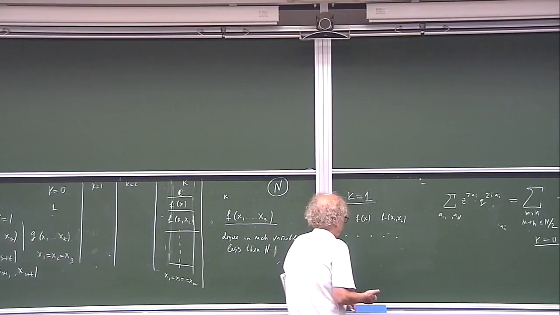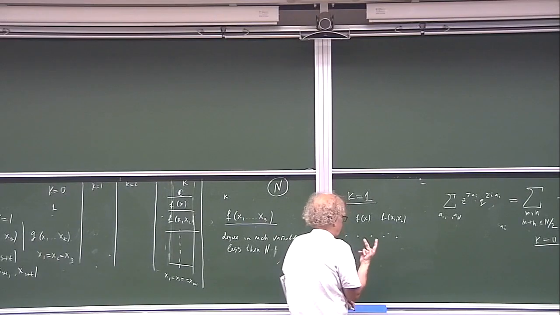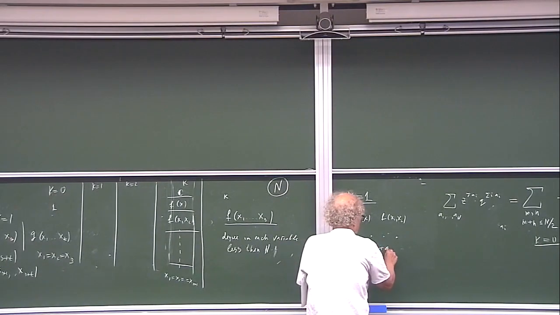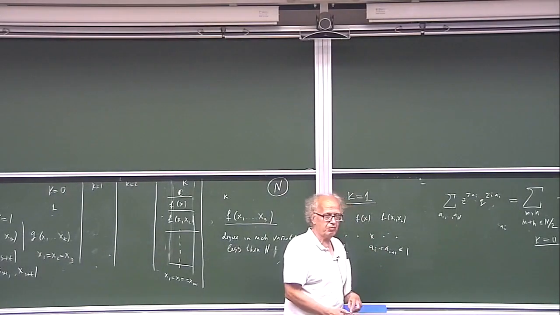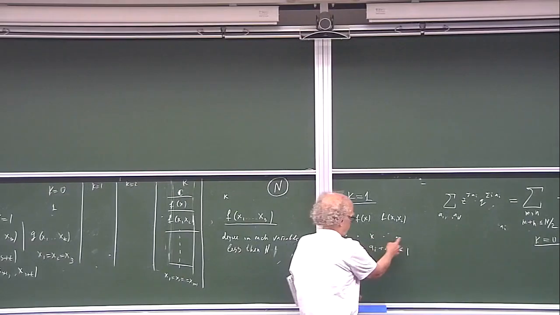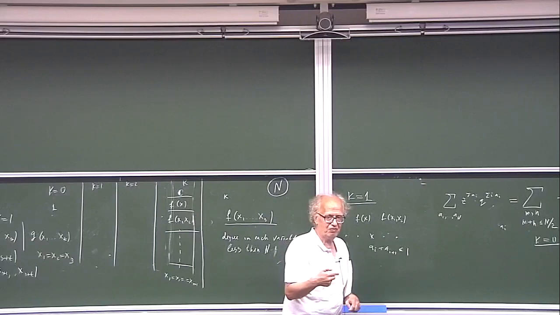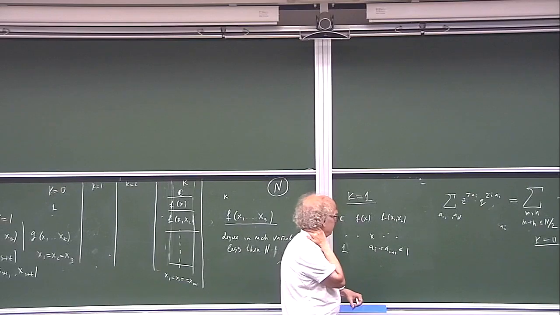Yes, and if you find how many configurations you have, because we have the condition that ai plus 1 is less than 1, it means the same story. If we have a cross here, we cannot have a cross here and here. So this is the Fibonacci condition, because if you add a point, it satisfies the usual Fibonacci recurrence relation.